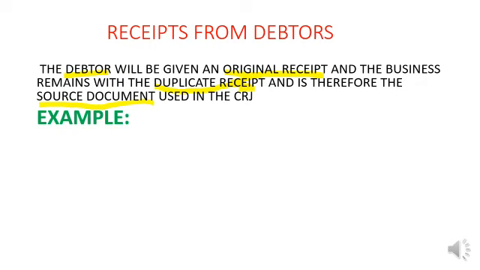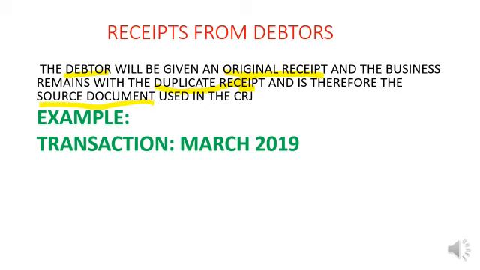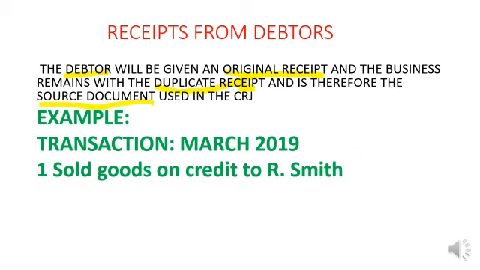Okay, so let's quickly look at an example just to illustrate this. I'll start by showing you a transaction for goods sold on credit. In this case, I've just picked a transaction from Norway. I will just use it to illustrate this concept.